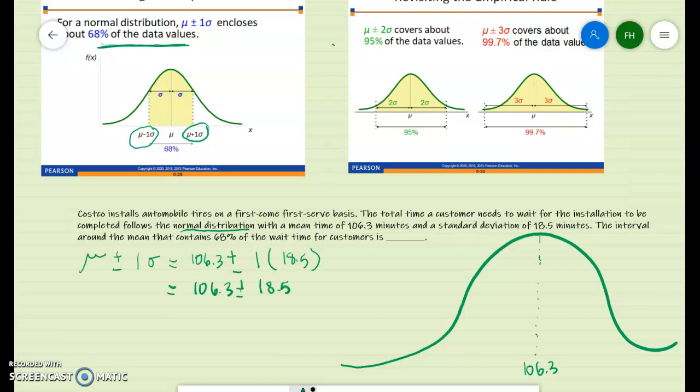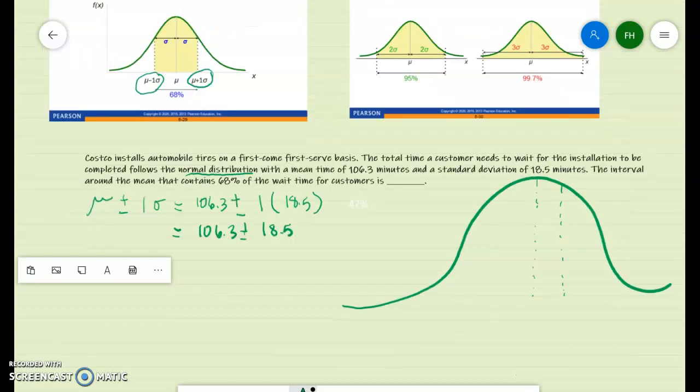So we're going to do 106.3 plus 18.5 and 106.3 minus 18.5. I'm going to make this a little bit skinnier so we can fit everything on it.